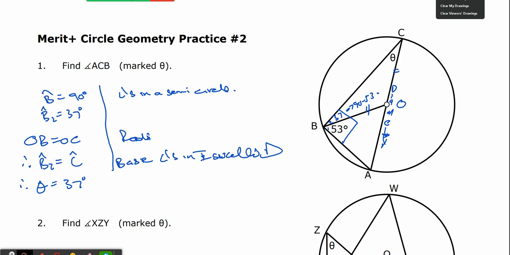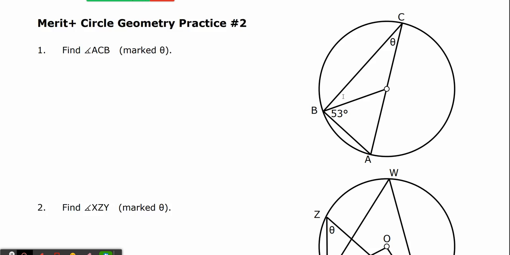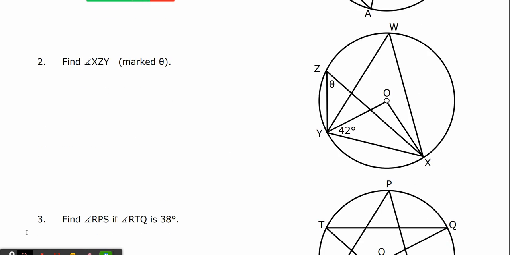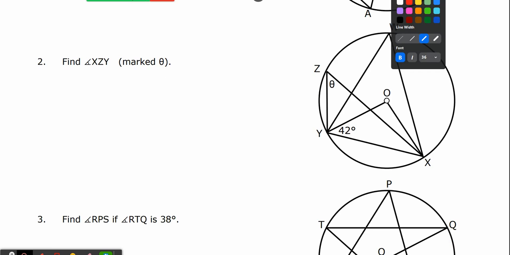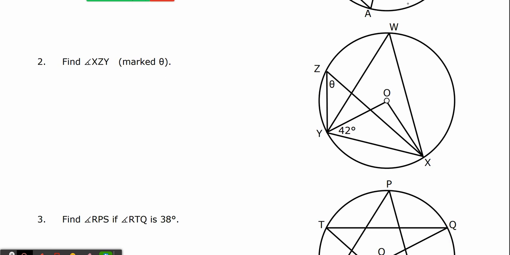All right, let's try the next one after this one. Try this one over here. So I can see the angle at the center, which is over here, right? This angle here. Now, if I take those same 2 lines and I go to the end, that's the angle at the circumference. So in other words, that's the angle at the center, and I can see that angle is at the circumference.